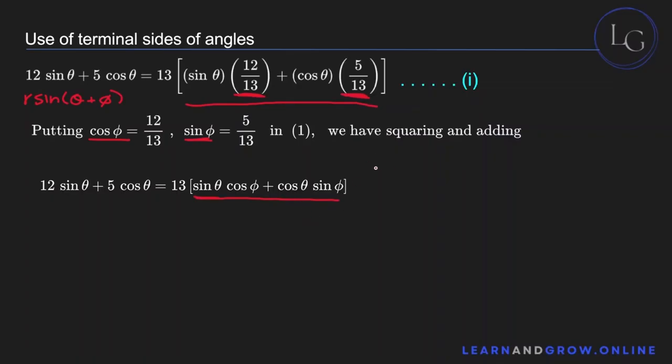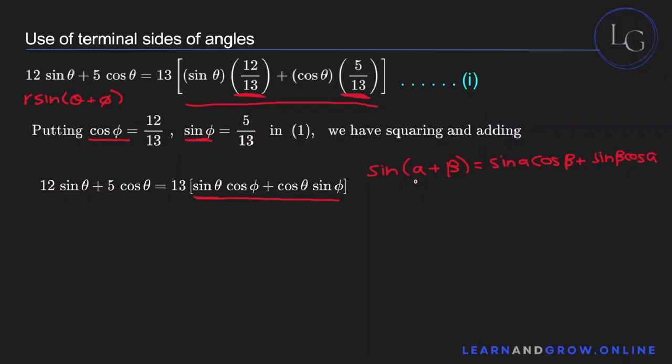Now, do you remember the sine identity? Looks familiar, right? Because sine alpha plus beta is equal to sine alpha cos beta plus sine beta cos alpha.